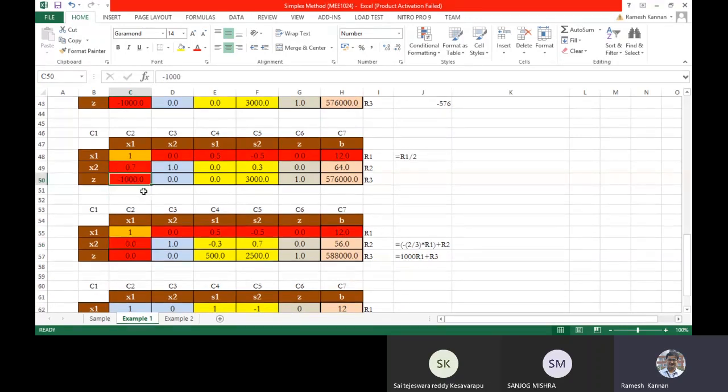Similarly, the minus 1000 can also become 0 by multiplying this x1 row by 1000: 1000 R1 plus R3.